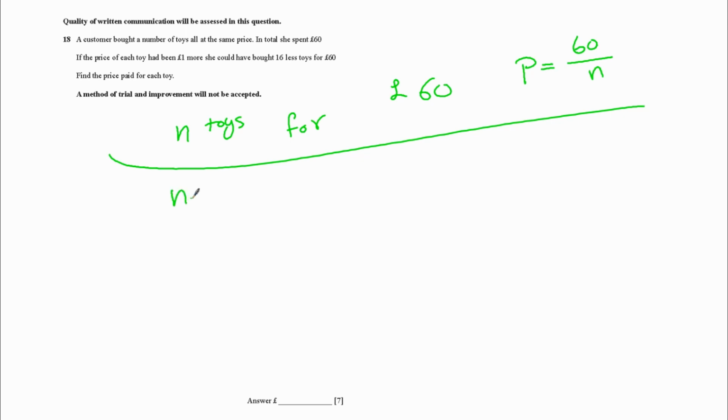But the price of each toy is £1 more. So we say P plus 1, because it's £1 more, equals 60 divided by n minus 16. So these are the equations that we get by reading this question and putting it into mathematical form.